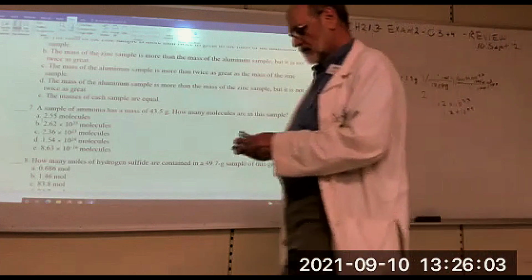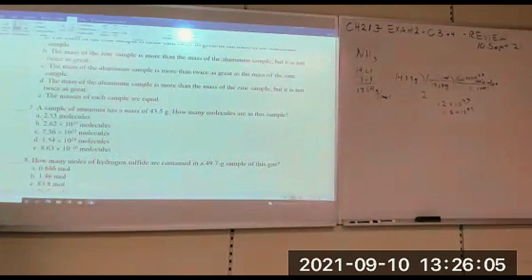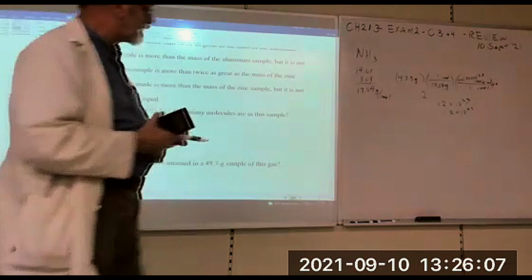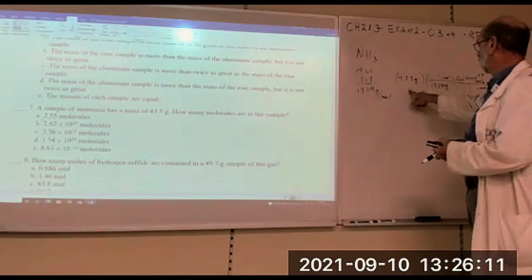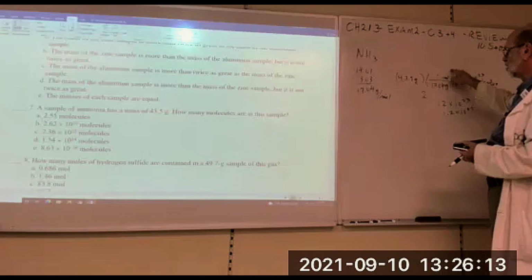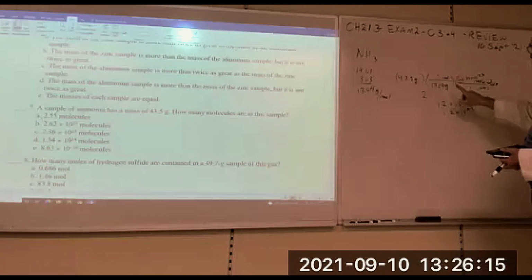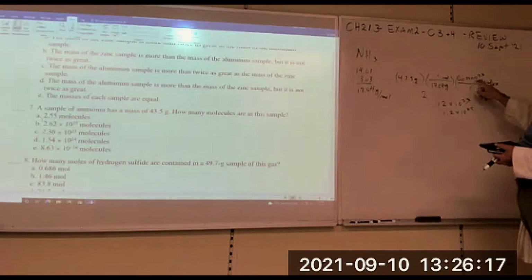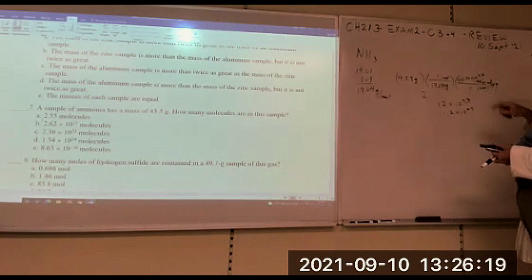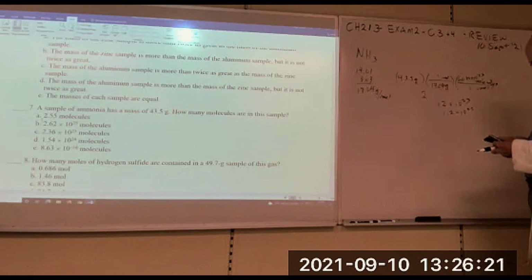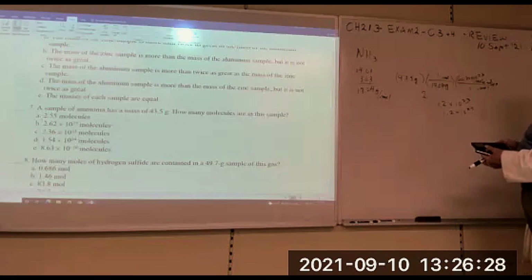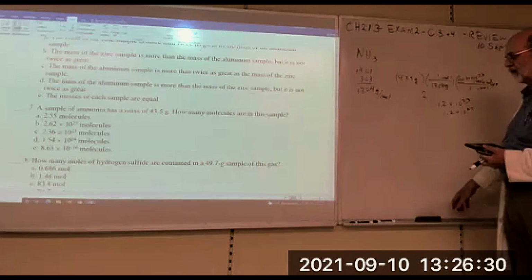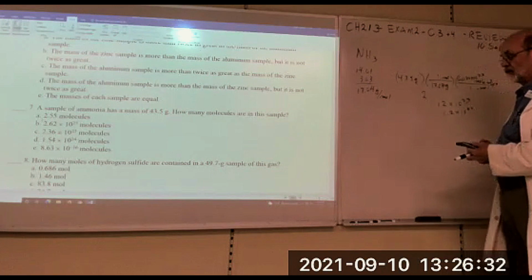I thought I could estimate my way out of this one. Did I set it up right? 43.5 gram sample. Molar mass gives us moles. 6.022 times 10 to the 23rd molecules per mole. Yeah, that's right. So 43.5 divided by 17.04. Oh, 2.5. So D should be the answer.